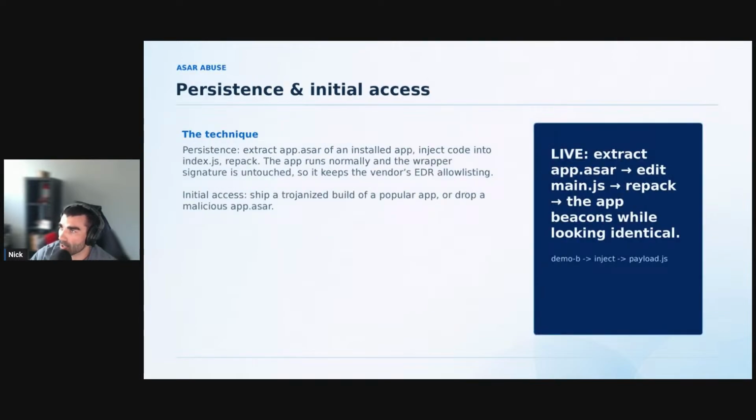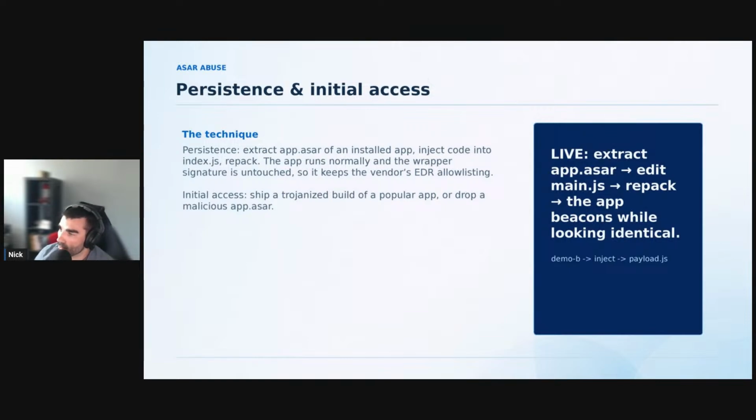But I'm going to demo what these Electron application files look like, and how easy it really is to add backdoor code to these very legitimate applications and go undetected, because you're not doing things that are historically flagged on.